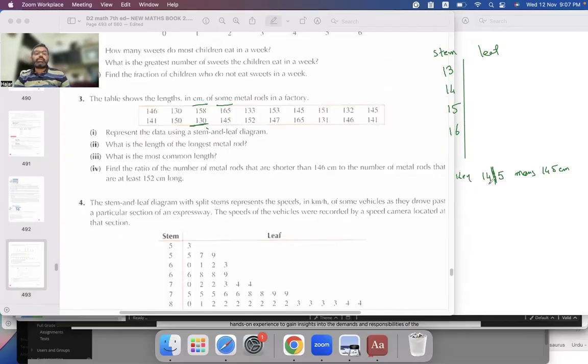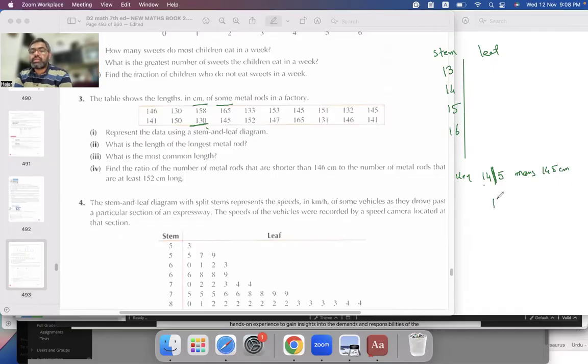Our stem could be on the right side or the left side. When we draw a two-sided stem and leaf diagram, the stem is in the middle, with a series of leaves on the right side and on the left side also. We have to define the key for both kinds. Over here we have only one-sided, so we define 14 bar 5 as 145.